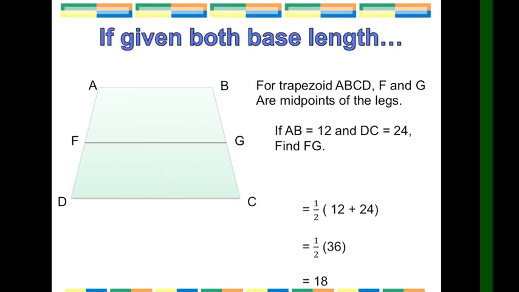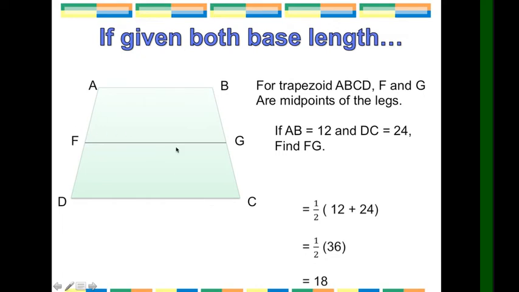If given both base lengths for trapezoid ABCD, F and G are midpoints of the legs. So we have the line segment FG. If AB is equal to 12, let's say ito daw, ang size ni A to B ay 12, ang B to C ay 24, ano daw si FG?